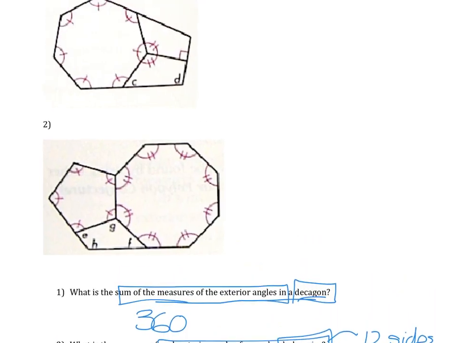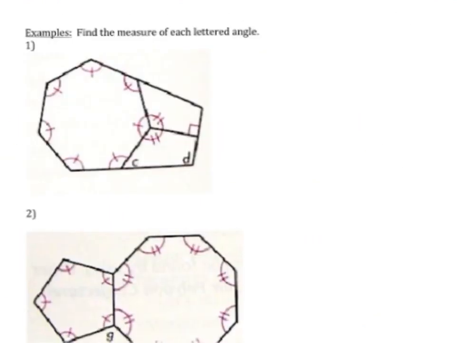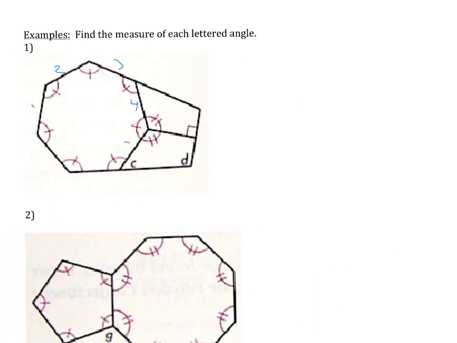Now I'll come up and do these harder ones. So I want to find C and D. And I'm going to first look at this figure that has 1, 2, 3, 4, 5, 6, 7 sides. So it's a regular 7-sided figure.